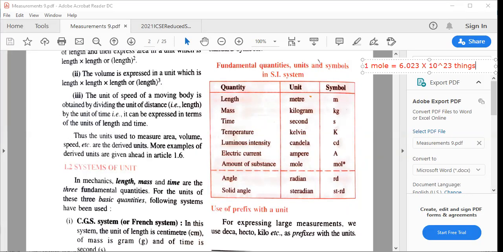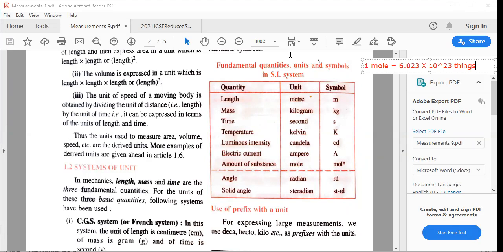We are going to study this next year. Just as we say 1 dozen, and dozen is also a unit meaning 12 things, 1 mole means that many things, 10 raised to 23 things. This is for measuring the amount of a substance, or the amount of gas molecules or atoms.